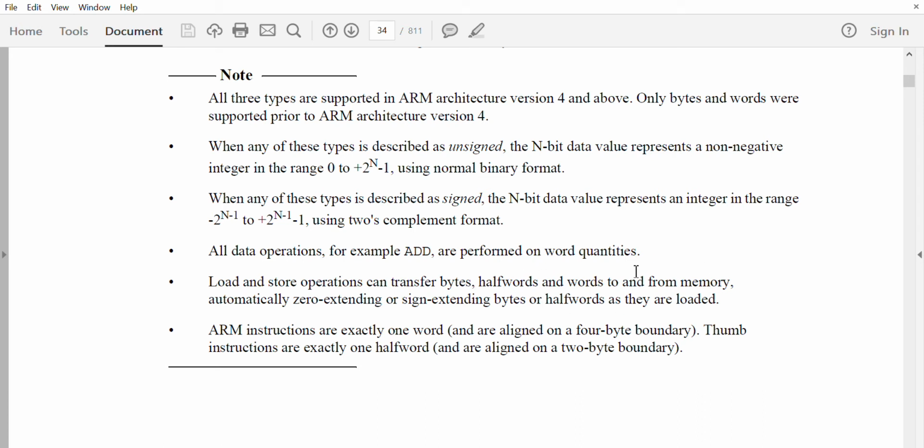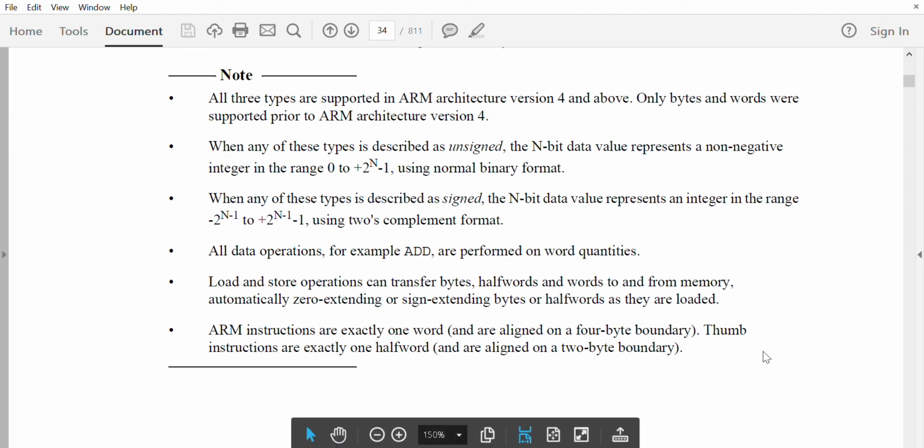You can use any of these three types. ARM instructions, like I specified, are one word, that is 32 bits long, and thumb instructions are half word, or 16 bits long.